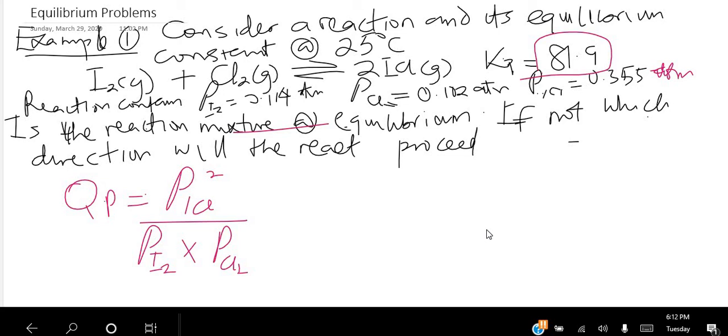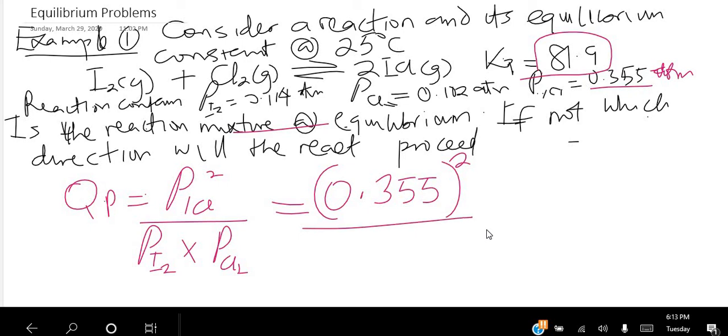We have this to be 0.355 atmosphere squared over, for iodine molecule, 0.114 atmosphere, times, for chlorine gas, 0.102.